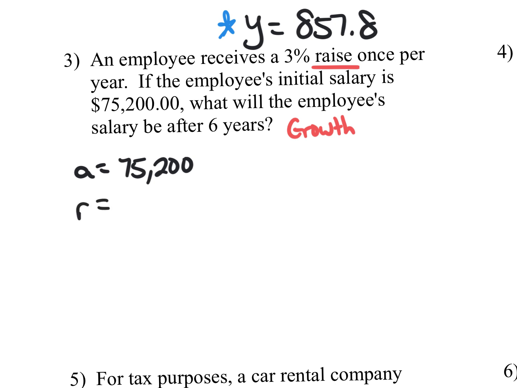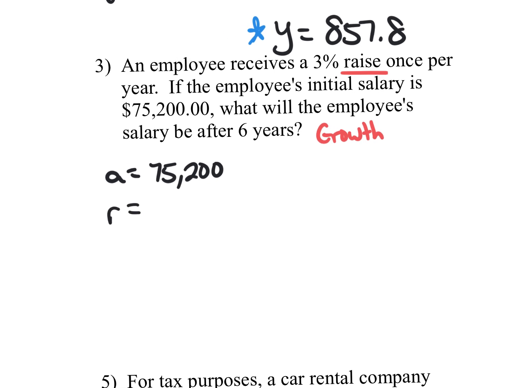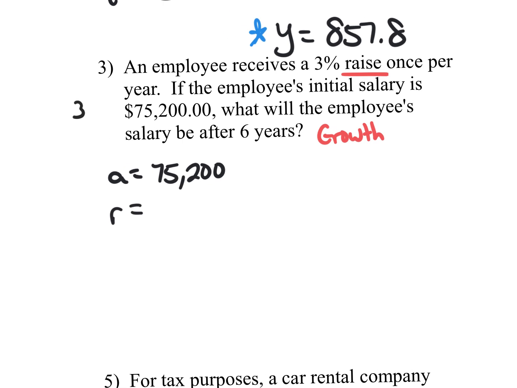What is my rate? I agree with you, it's 3%. What do I have to do with that, though? I have to move the decimal or divide it by 100, so I get 0.03. And then lastly, what's time? 6 years. Again, since it's growth, which equation are you going to use? Are you going to use the addition one or the subtraction one? The addition one. Okay.